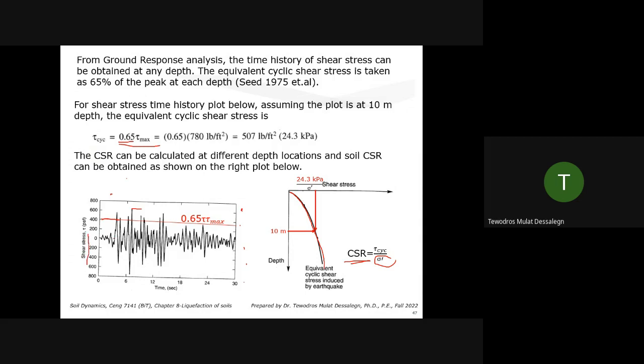If you are doing a time history analysis in Shake, this is a shear stress you get at any depth. This is just one example. It's maybe at this depth. Use 65% of that max value. Now monitor the values at several depths and connect the lines. Finally, this is what you get. So this is a CSR with depth from software.